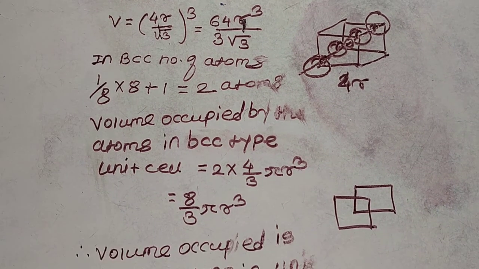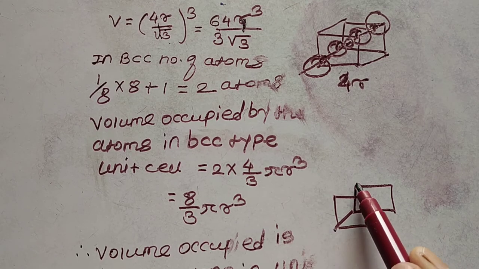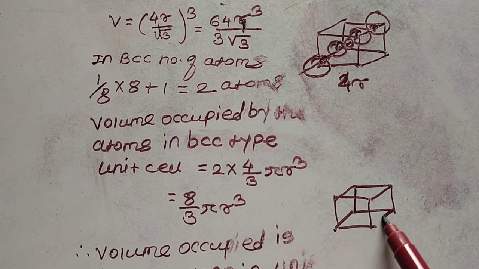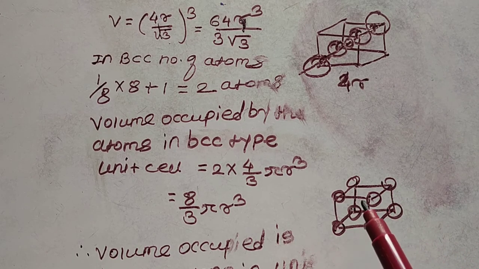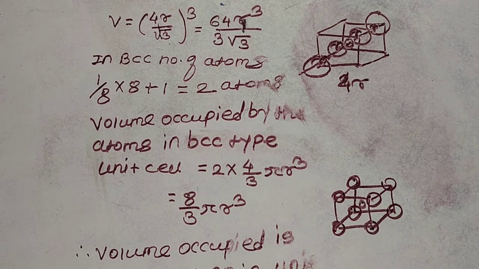How can we calculate? There are 8 atoms present on the corners and 1 atom present in the body center. So for the corner atoms, its contribution in the unit cell is only 1/8 part.